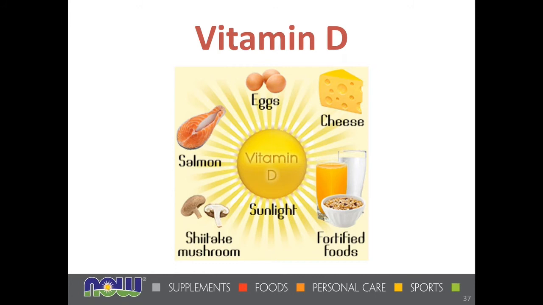So fortified foods, some natural foods like fish liver oil or mushrooms, or sunlight are really the main sources of vitamin D. And it's kind of unusual to have 3 sources, including sunlight, to make a vitamin, in fact, where vitamins typically have to be consumed orally.